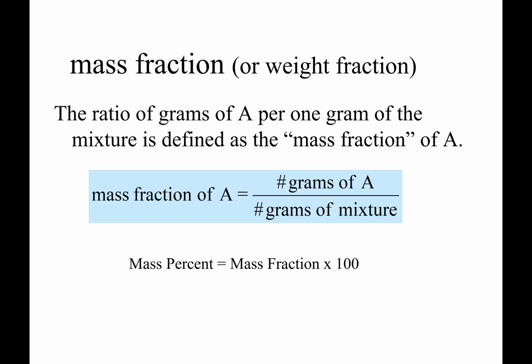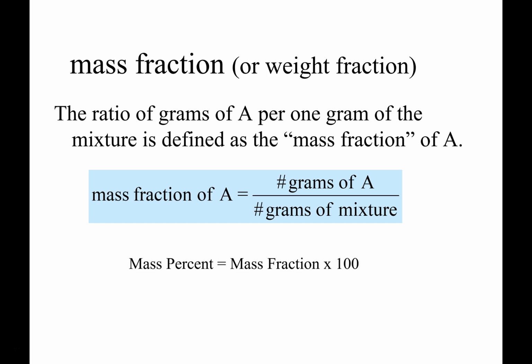I added a little bit to this slide. Actually, the blue and the white there were not on the slide before. If you're like me, I got mass fraction, I got weight percent, I got mass percent, that makes sense to me. But a step right before this is something called mass fraction or weight fraction. If you look back and forth between this blue box and the other blue box, the thing that's different is it doesn't have times 100%.